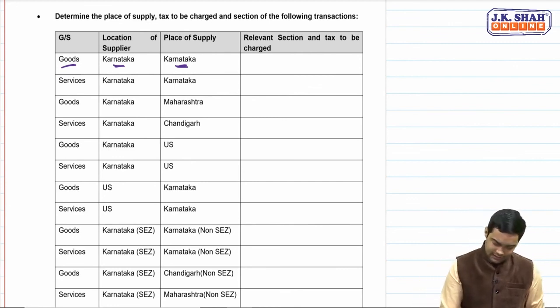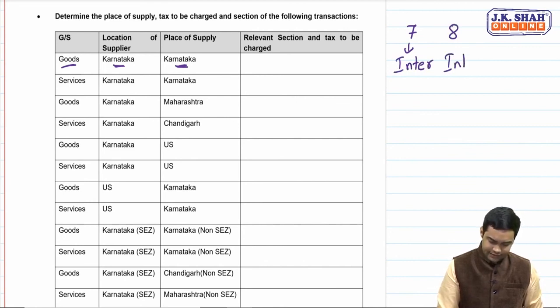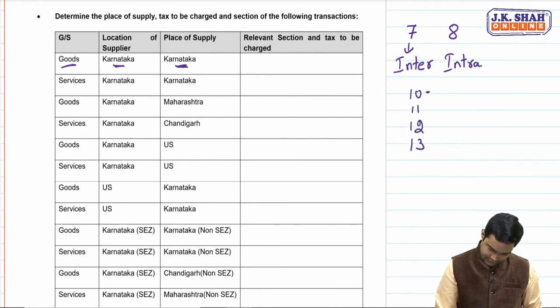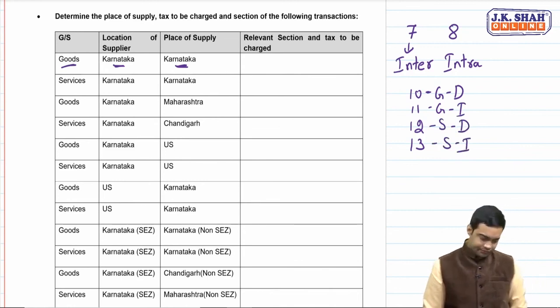Now I'll just keep for your reference, 7 is inter, 8 is intra, then you have 10, 11, 12, 13: goods domestic, goods international, services domestic, services international.